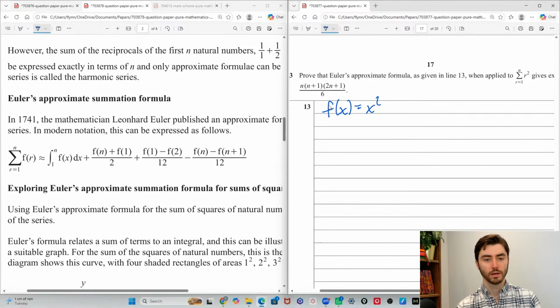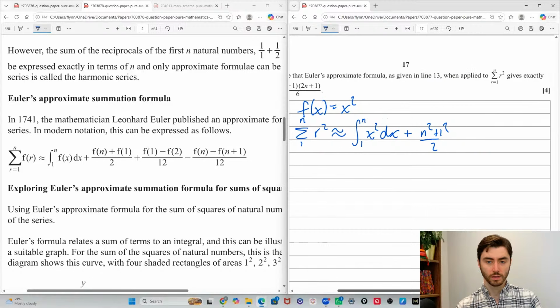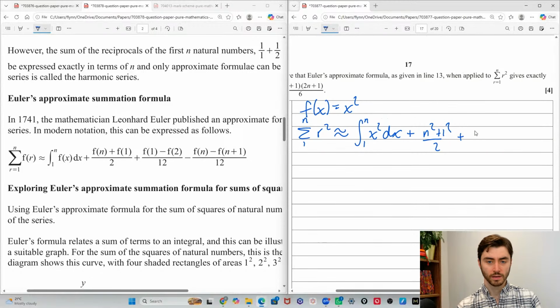So the sum from 1 to n of the r squareds is going to be approximately equal to the integral of x squared from 1 to n plus n squared plus 1 squared over 2 plus 1 squared minus 2 squared over 12 minus n squared minus n plus 1 squared all over 12.